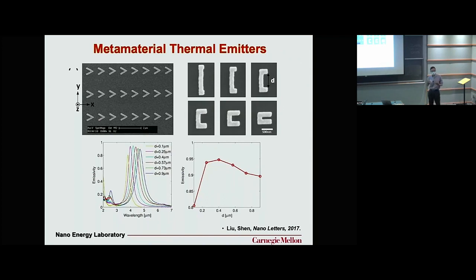Our goal is to achieve perfect thermal emission in this experiment. As you can see from this measured spectral emissivity, we do observe tunable thermal emission if you tune the geometry, but at a certain geometry you can achieve a maximum. This one you can see is close to perfect thermal emission, with emissivity around 95%. This value is also very consistent with our prediction from quasi-normal mode theory, as I mentioned in the previous slides.